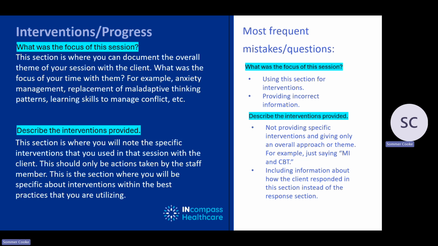Some common mistakes are not providing specific interventions and only giving an overall approach or theme. So, for example, just saying MI and CBT instead of giving detailed information about what MI or CBT techniques you were using, or including information about how the client responded in this section instead of just focusing on your interventions as the clinical staff member.